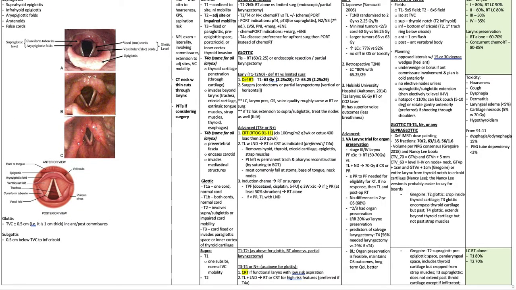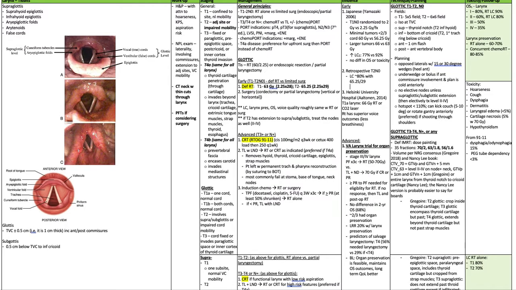Again, in terms of staging, in general T1 is confined to the site with normal mobility. T2 is an adjacent site or impaired mobility. T3 is fixed cord or paraglottic extension, pre-epiglottic space invasion, posterior cricoid invasion, or invasion of the inner cortex of the thyroid.